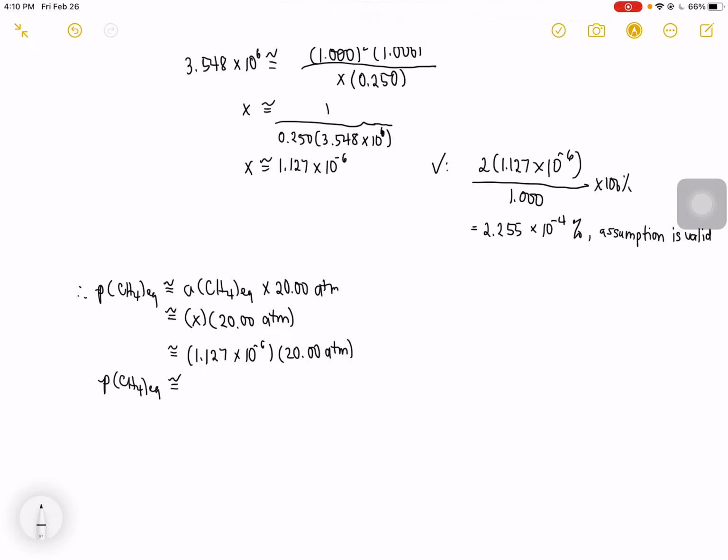So the partial pressure of methane should be approximately equal to 2.25 times 10 to the power of negative 5 atmospheres.